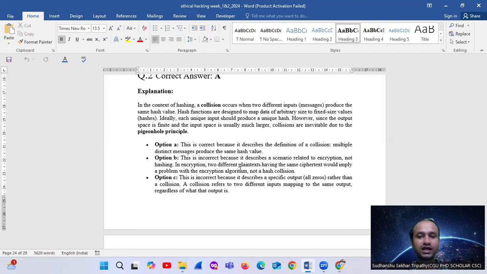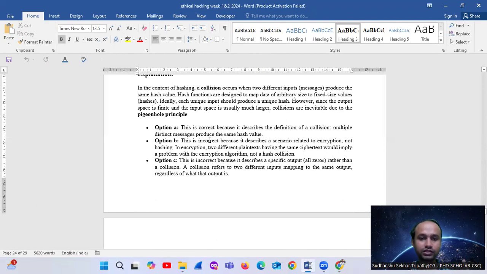Hash functions are designed to map data of arbitrary size to fixed size values or hashes. Ideally, each unique input should produce a unique hash. However, since the output space is finite and the input space is usually much larger, collisions are inevitable. Okay, collisions are inevitable due to the pigeonhole principle. Okay, pigeonhole principle.